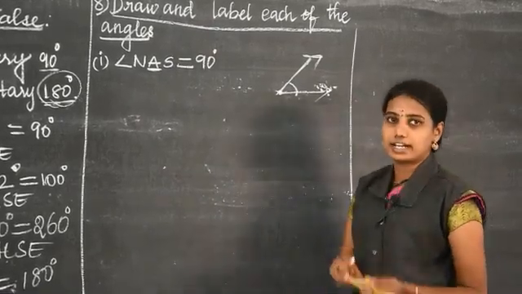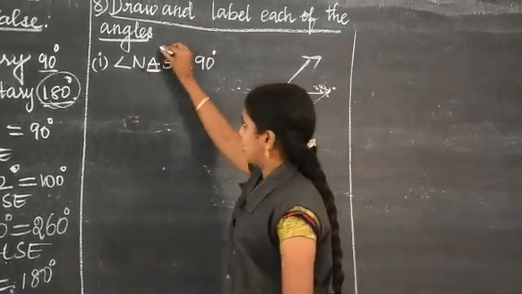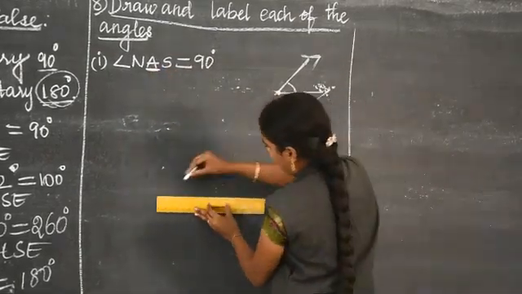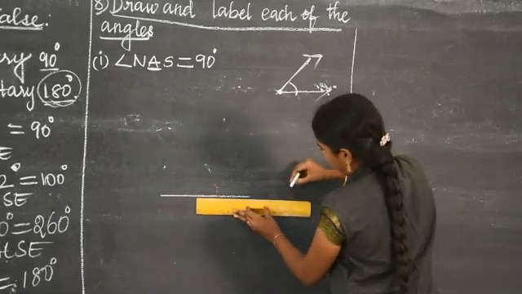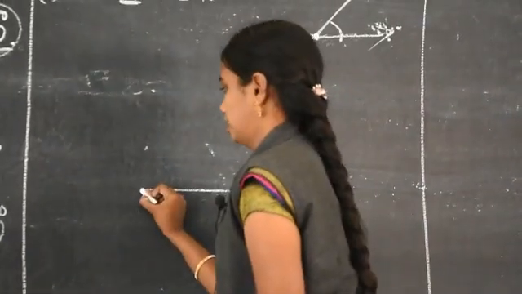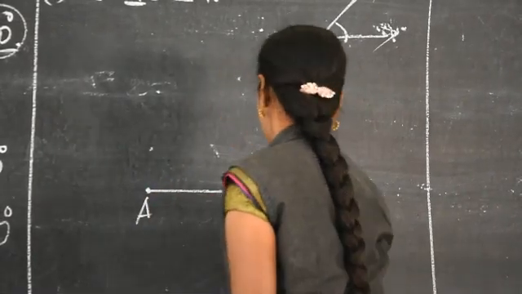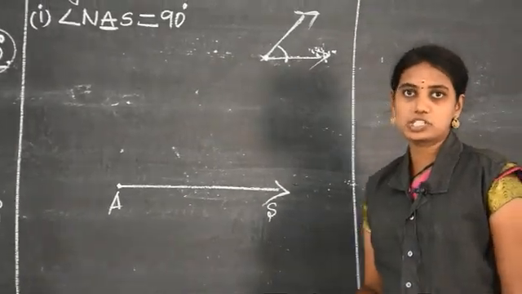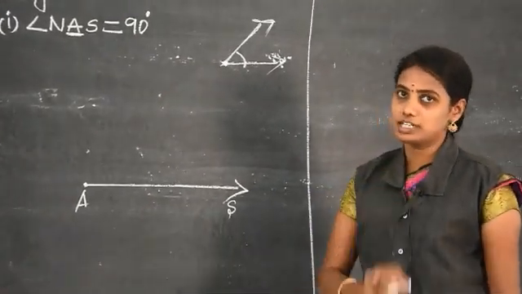We are going to draw a ray with the second letter and third letter, AS. So here, give the name as AS. First step is draw a ray. Very important, listen to me.